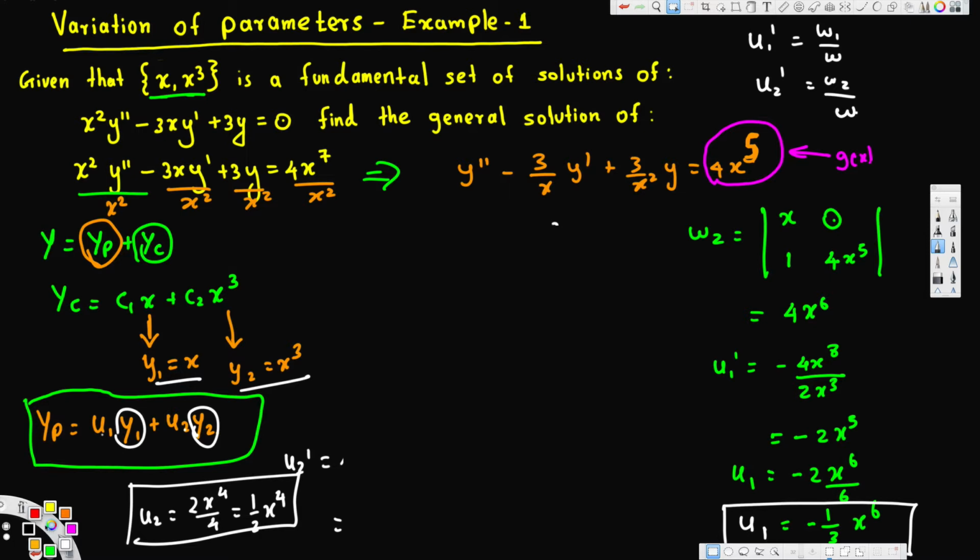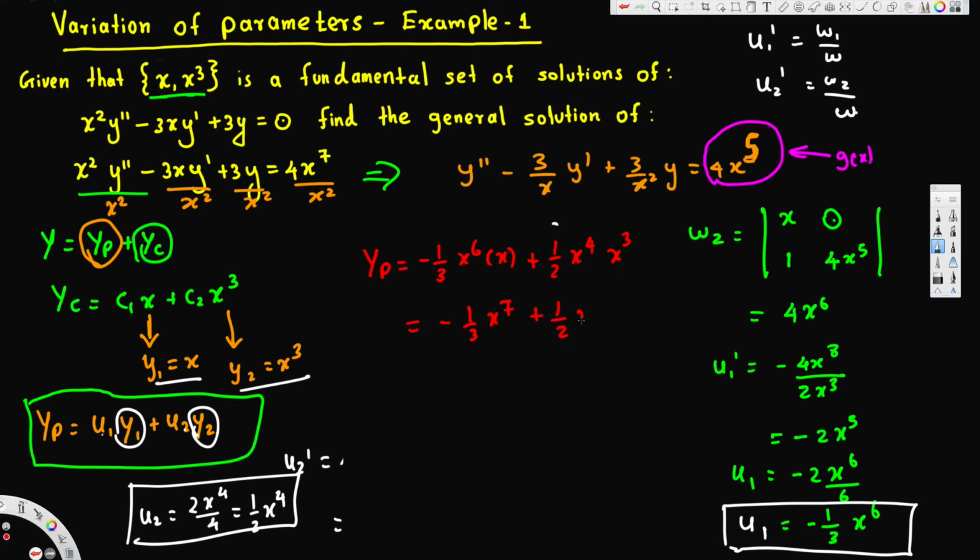Let's use a different color. yp is going to be u1, negative 1/3 x^6, multiplied by y1. y1 is x, times x, and then plus u2. u2 is 1/2 x^4 multiplied by y2. y2 is x^3. Now if you see, this is going to be negative 1/3 x^7, and here we are going to get 1/2 x^7.